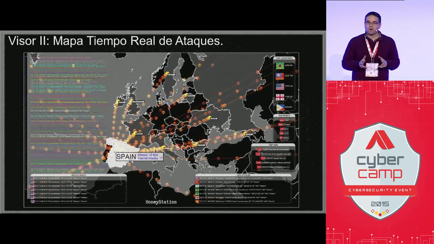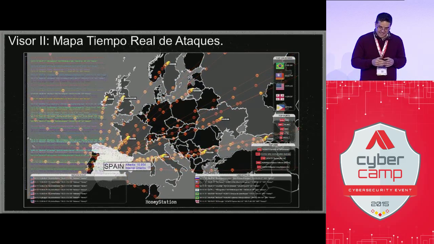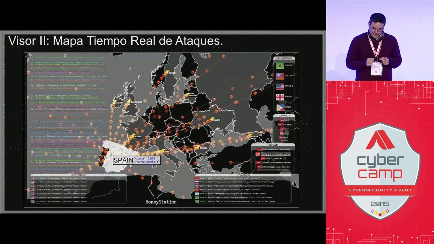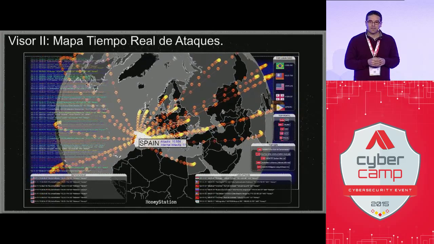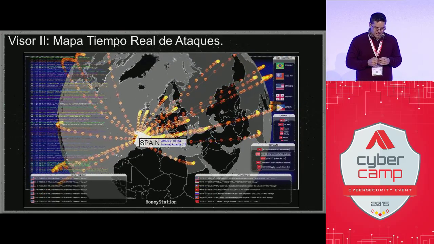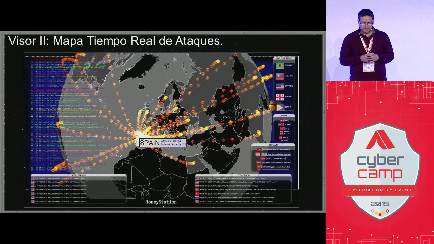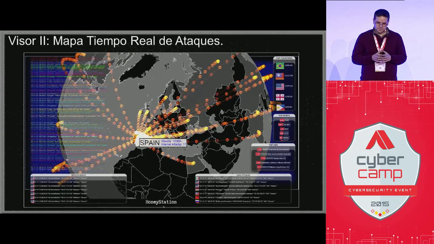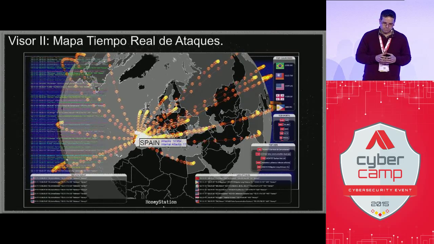So we have the top countries, top ports, top DNS, real-time attacks, IP address, ports, and last we have IP reputation, whether they are included in any list or any IDS files. Here we will get that kind of information.